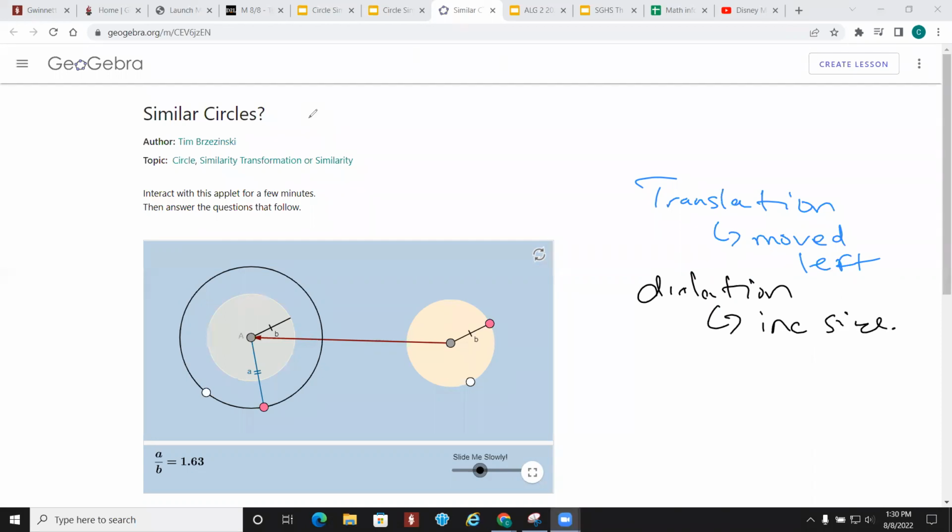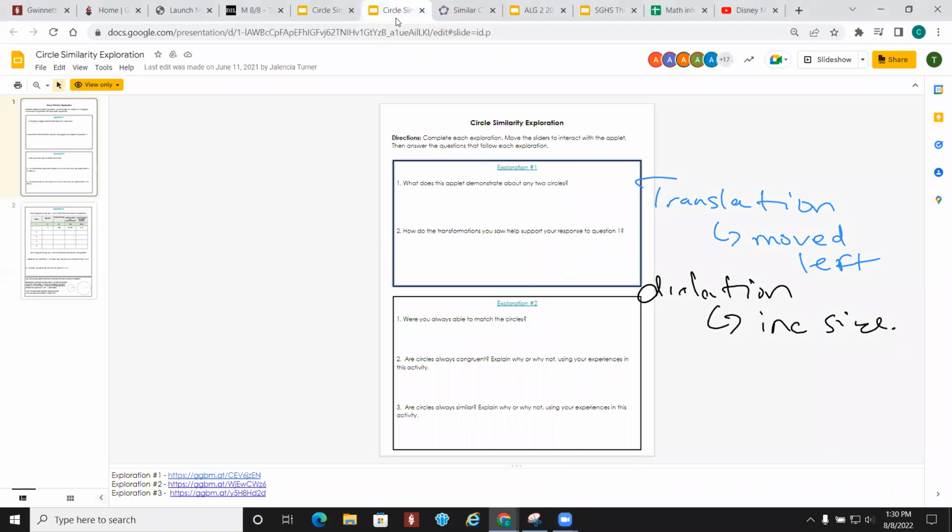Coming back over here, what does this applet demonstrate about any 2 circles? There's similarity. So they're a similar shape, but different size. And how do the transformations you saw help you support your response to question 1?